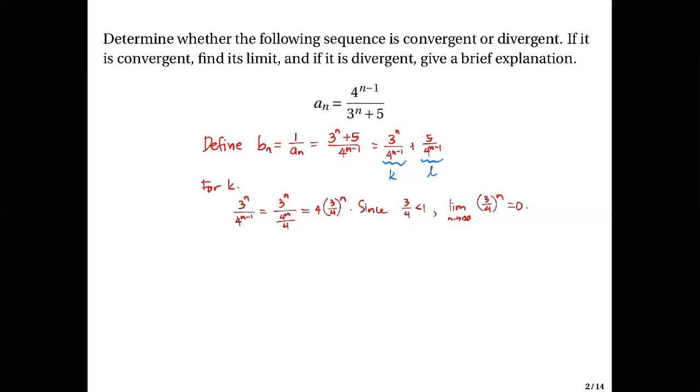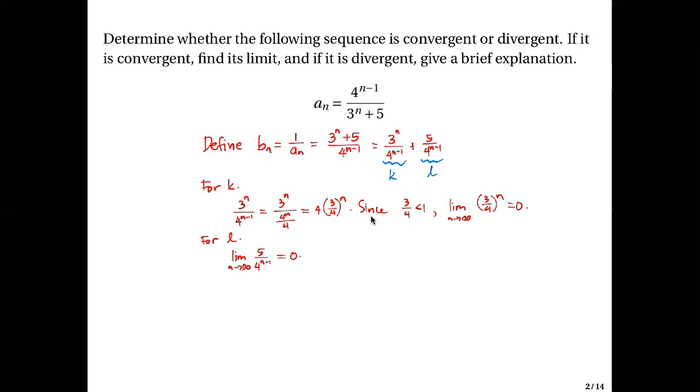Also, for L, if we find the limit of 5 over 4 raised to n minus 1 as n approaches infinity, the numerator is constant, the denominator goes to plus infinity, so this is also equal to 0.